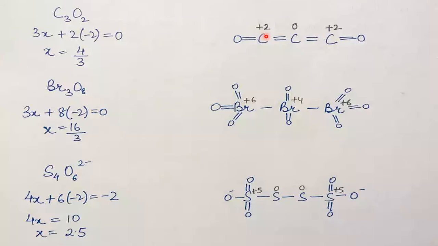So the ON is the algebraic sum of all the carbon atoms present in the structure divided by the number of atoms present in the structure. So it is +4 by 3. This was calculated by the usual method, and this is done by the structure method. So now I think you are convinced why the carbon's ON is a fraction.